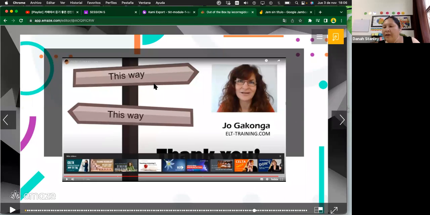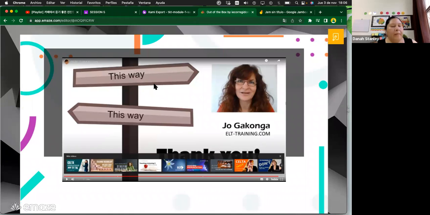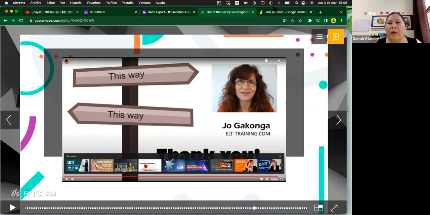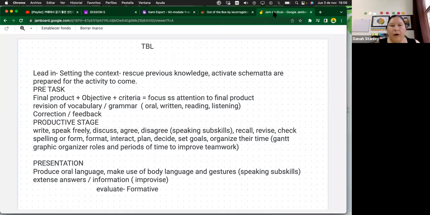So I really like it because they work on their own. I consider that the students are very independent. So this part she says that the students may not like it. I don't think so. Probably at the beginning, they may feel afraid, because they are not used to working in this way.